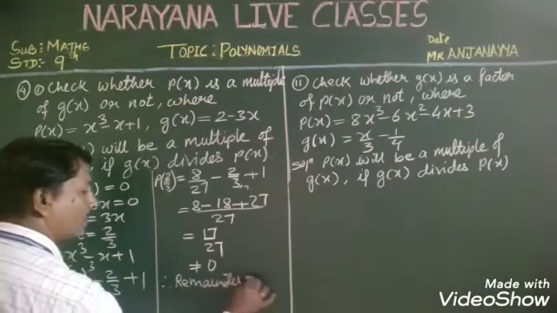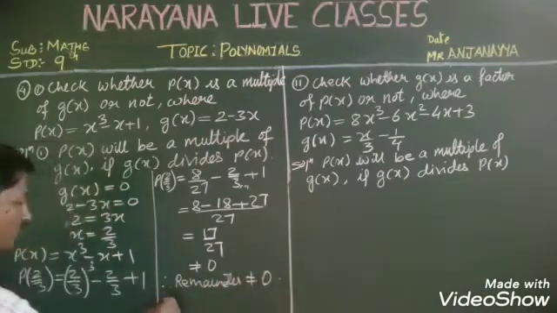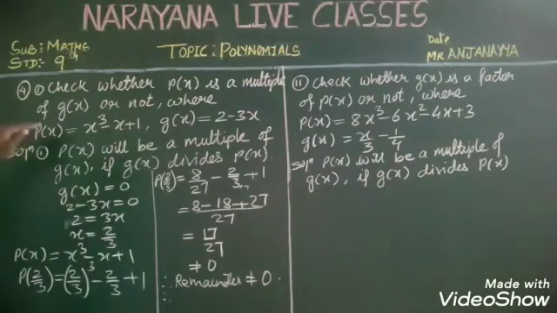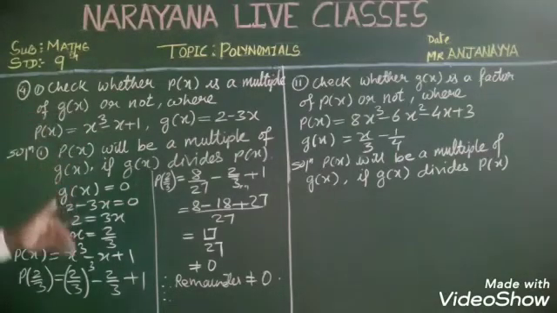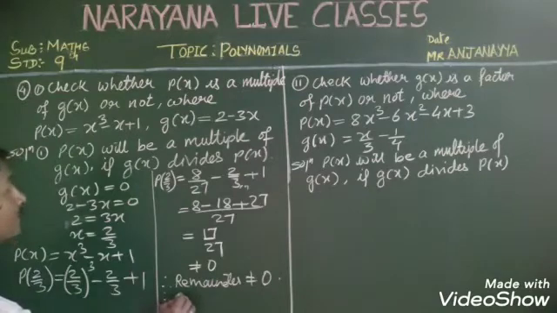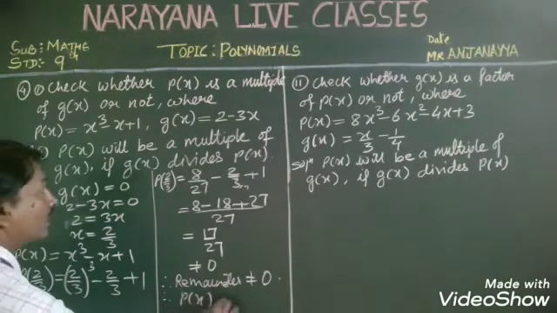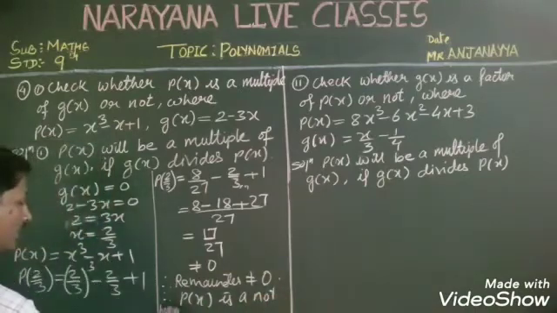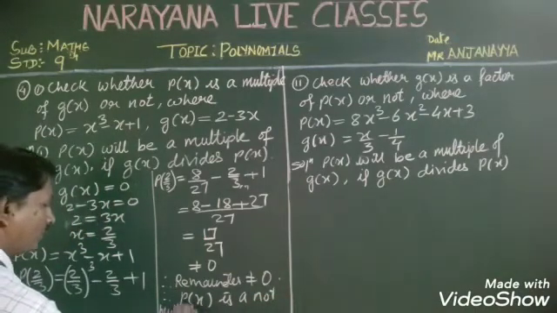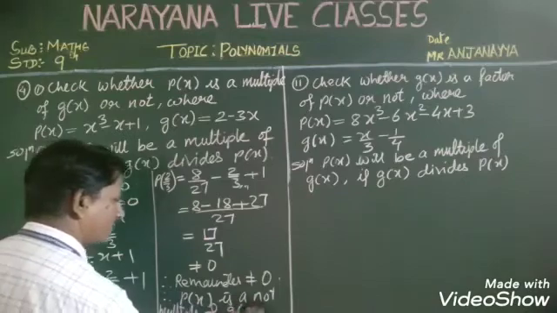We have to check whether g of x is a multiple or not, so we say it is not a multiple. So we write p of x is not a multiple of g of x.